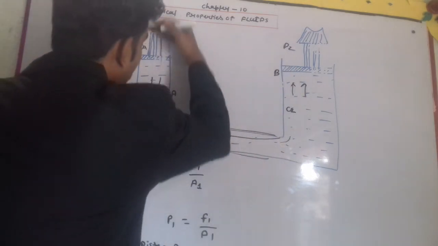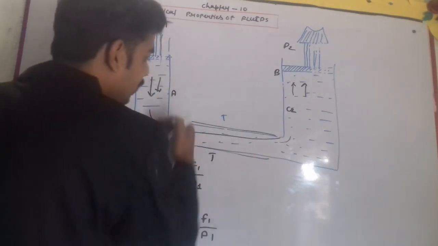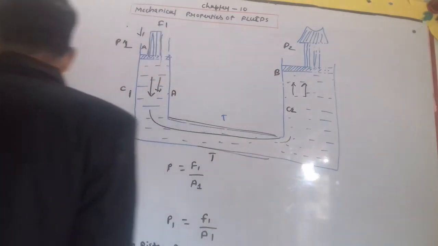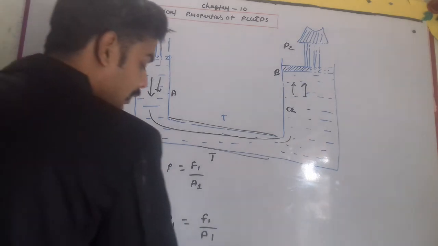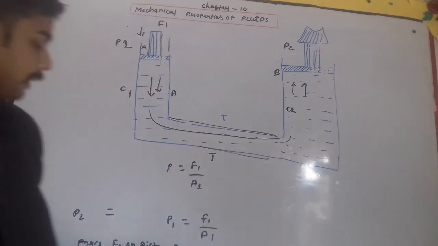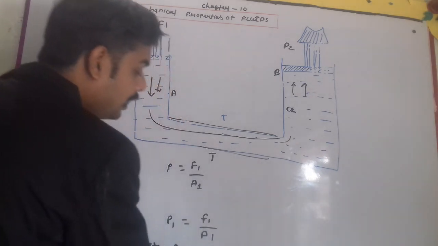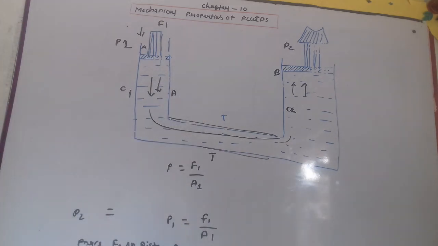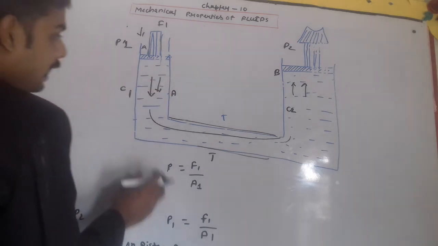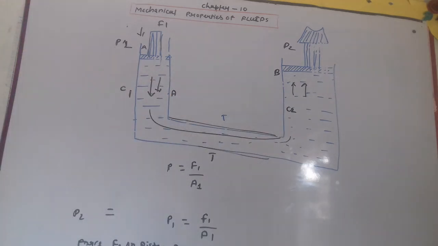The pressure on piston P2 will be pressure into area, where the pressure is F1 upon A1, and we multiply by the area. By this we can get, by applying a lesser force on a small area, a higher force on a large area. This is the construction and the principle.